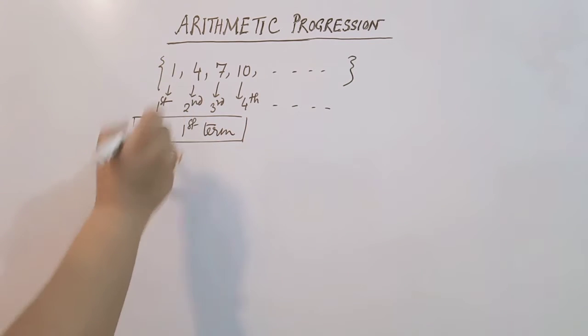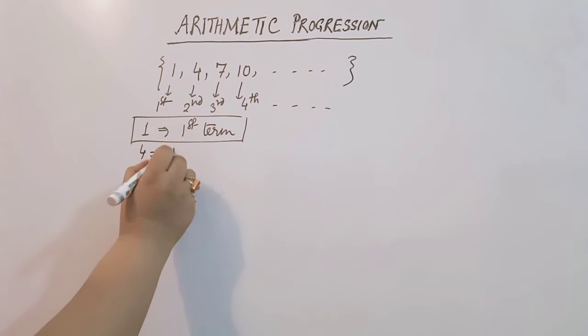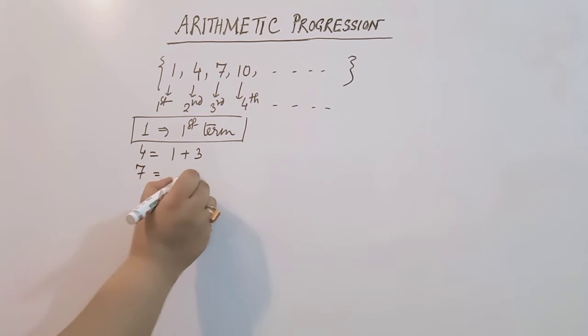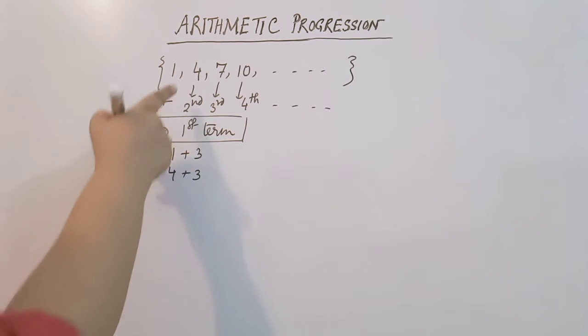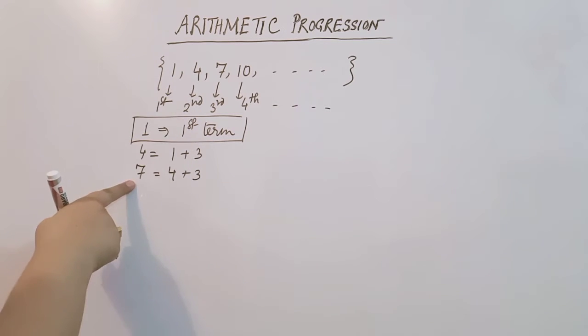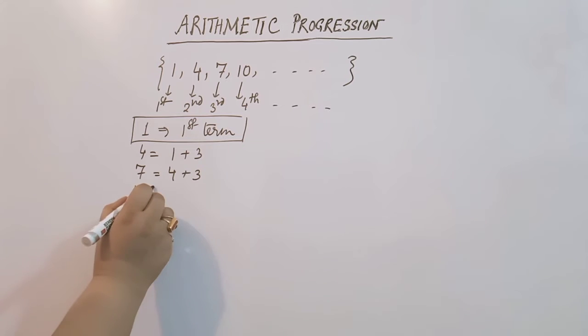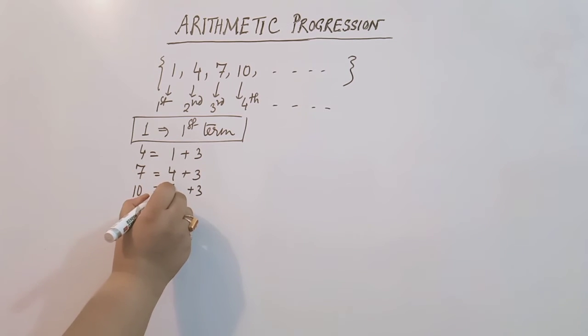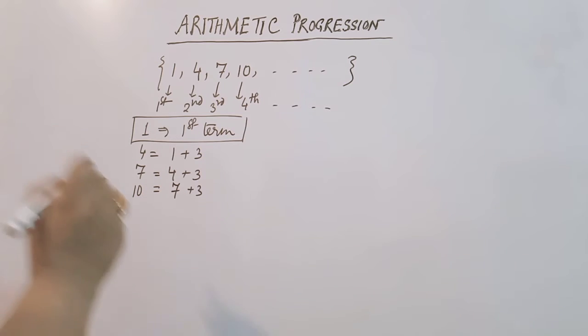Here we find that 4 is obtained by adding 3 with the first term. 7 is obtained by adding 3 with the second term, where 7 is the third term. The fourth term, 10, is obtained by adding 3 with the third term, means with 7, and this way all the terms are obtained.